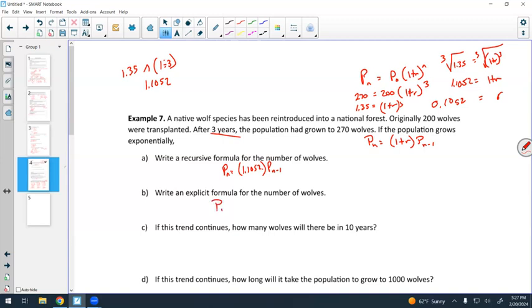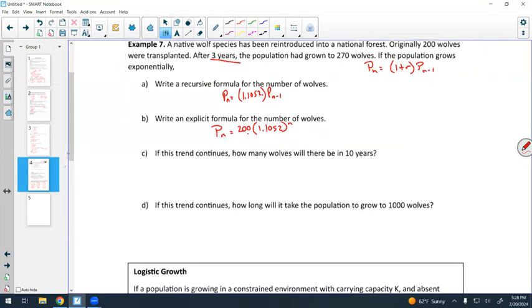Or our explicit formula, P sub n equals P sub 0 times 1.1052 to the n, and P sub 0 is 200. So now I can use this to find P sub 10. 200 times 1.1052 to the 10th power.